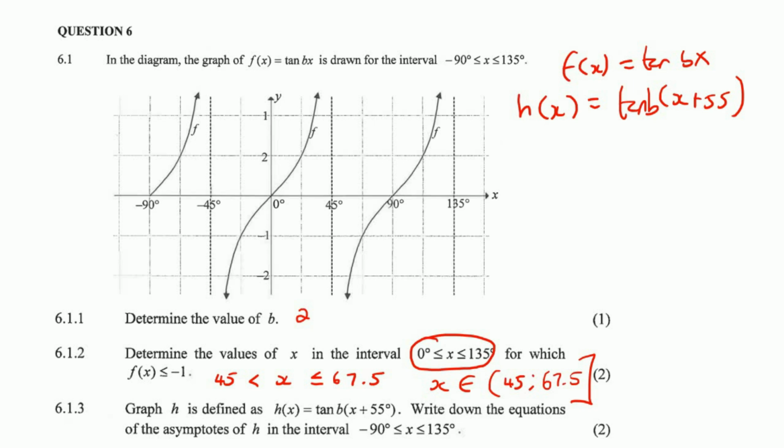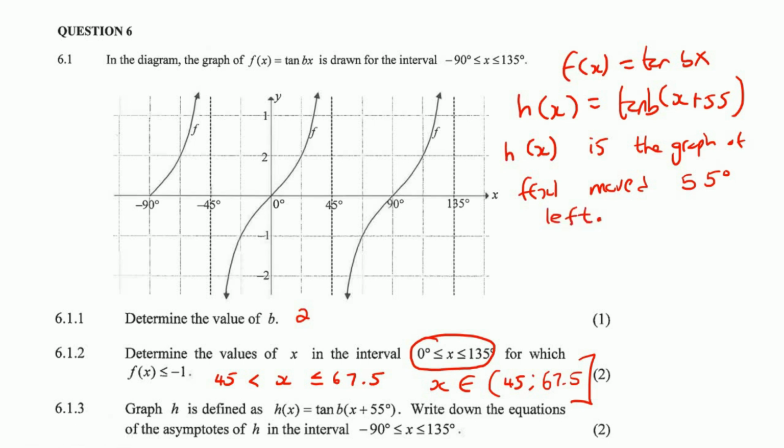Okay, so what we can say is that graph H, this isn't what you'd say in the exam. I'm just giving you guys some notes. h of x is, let's say, the graph of f moved 55 degrees to the left.